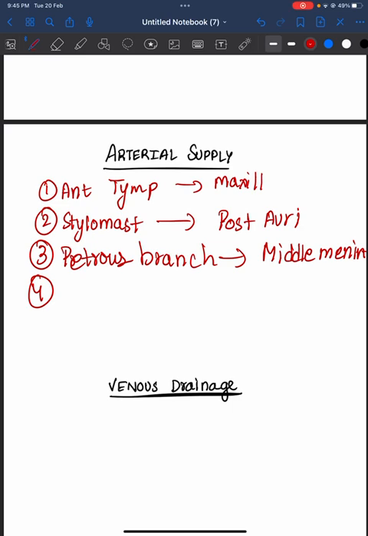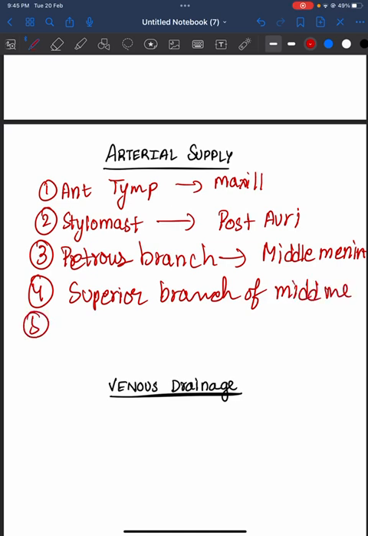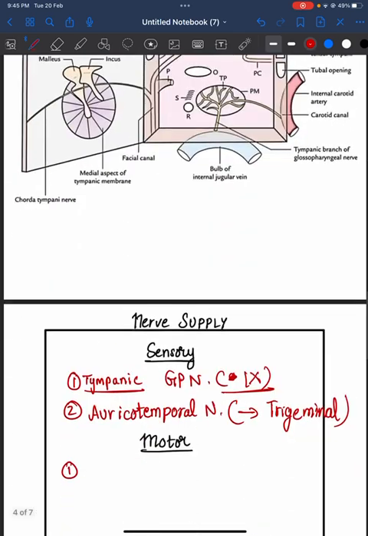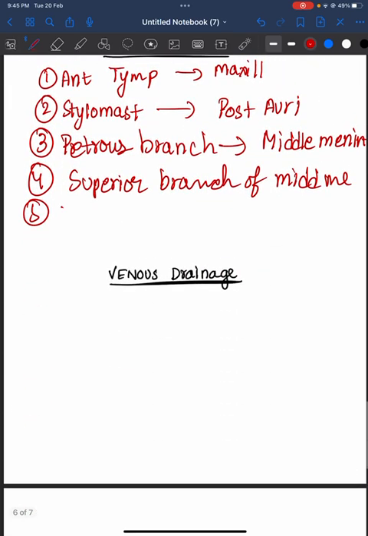Now we also have the superior branch of middle meningeal artery. Now another 2 we are left with. We also have a pterygoid canal over here, so we also have a pterygoid arterial branch, you can mention.